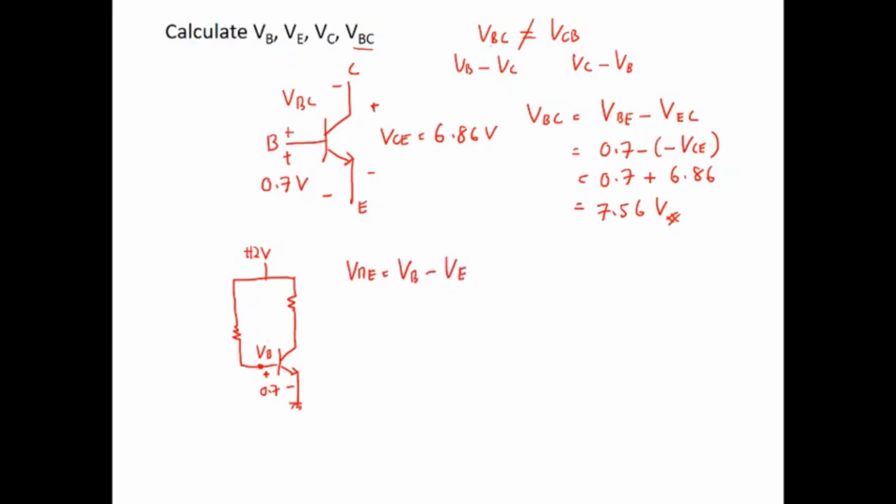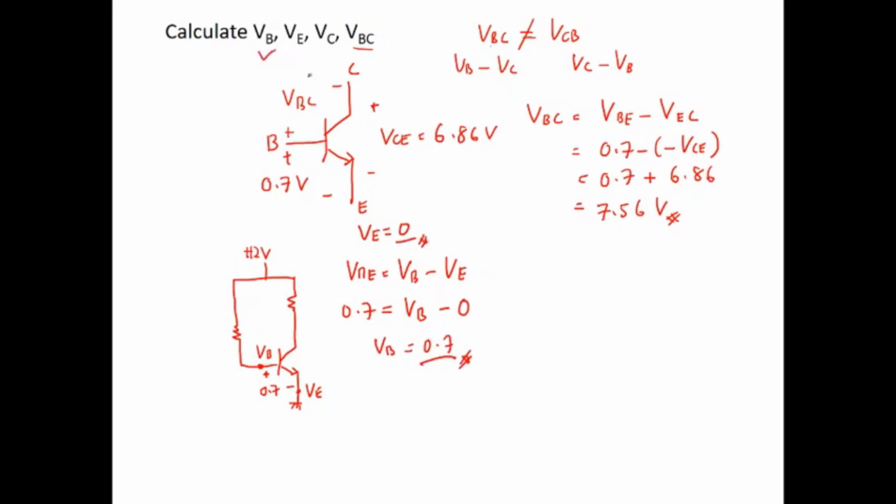VE is equal to 0 because the emitter is grounded. So VBE is 0.7, VE is 0, so VB is 0.7.